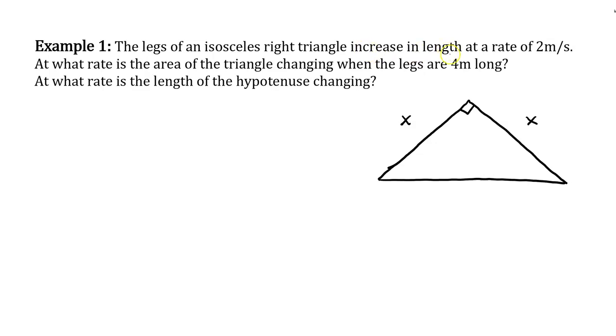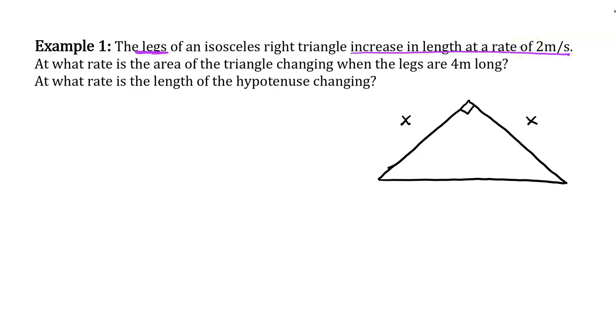It says the legs increase in length at a rate of 2 meters per second. Per second means we are working with respect to time. That's good. Rates, any rates, are slope.